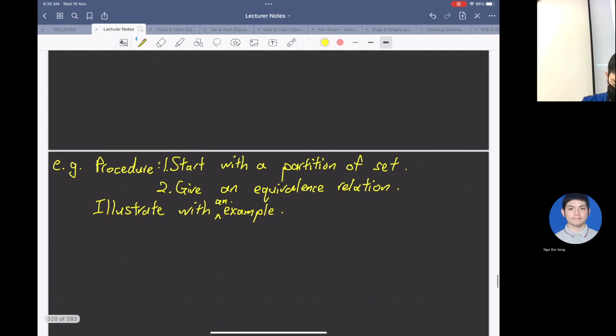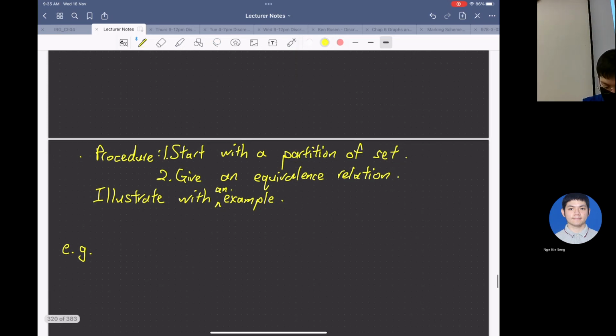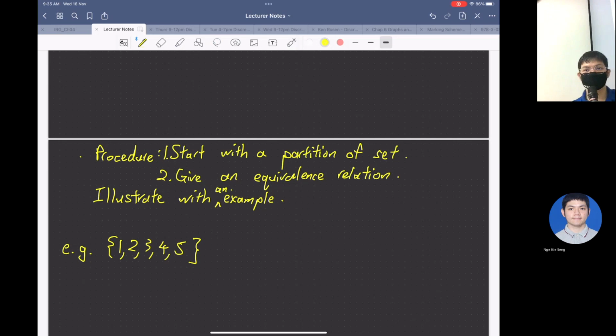So let's say we start with a set containing maybe 5 elements. Let's start with 1, 2, 3, 4, 5. This is my set X. So what's the partition?